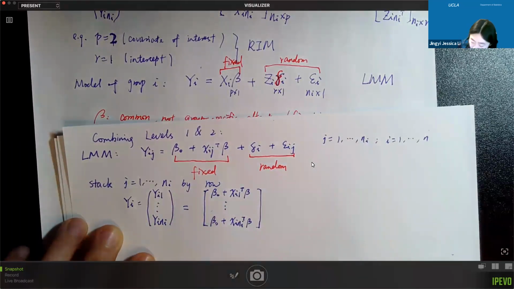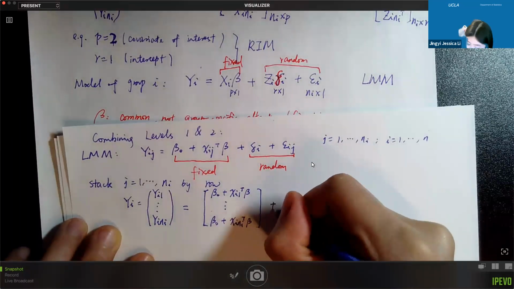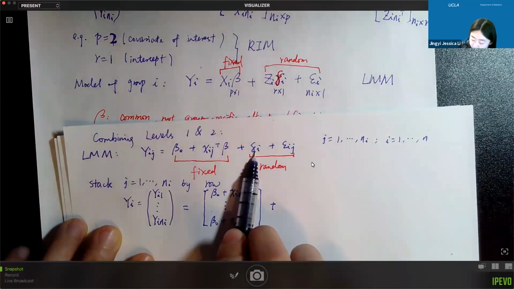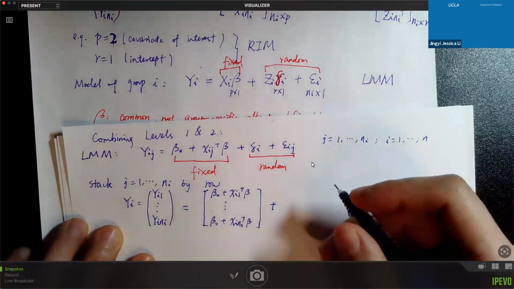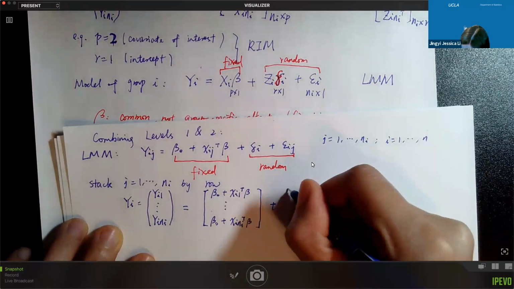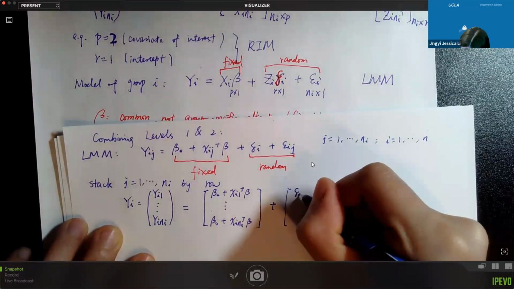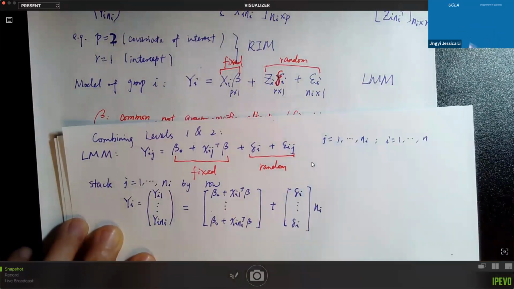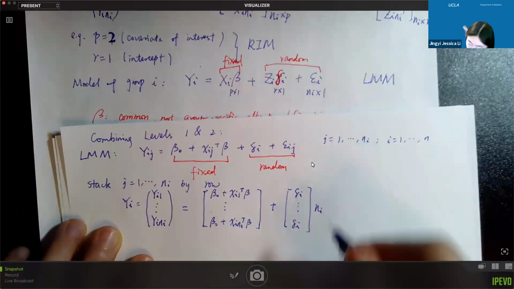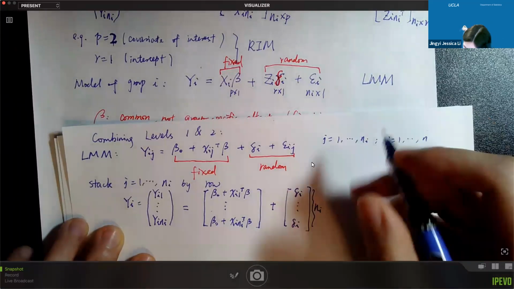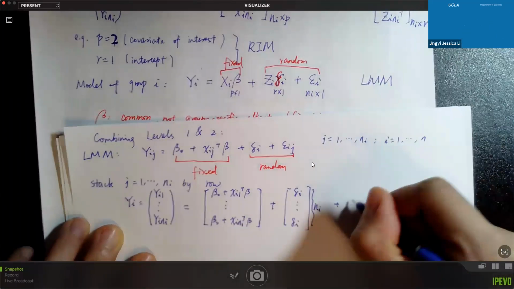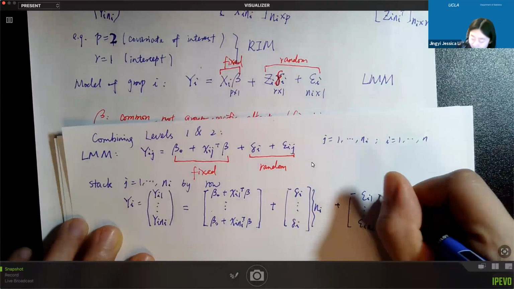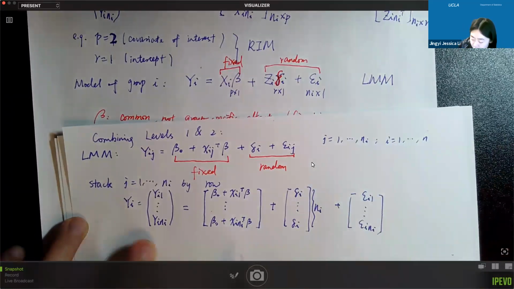Okay, that's the fixed part. And for the random part, it's just delta i. But delta i itself is a scalar, so it will appear Ni times. So I will just write delta i, and this will appear Ni times. And then lastly, I will stack my epsilon ij's together. That's my last part. So you see, this is the matrix form.